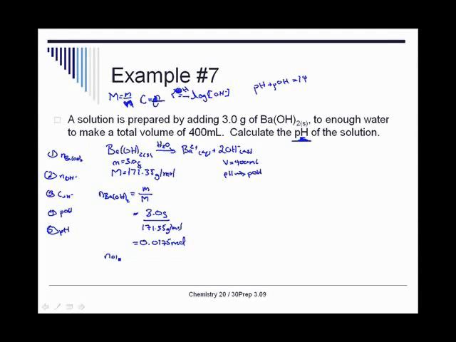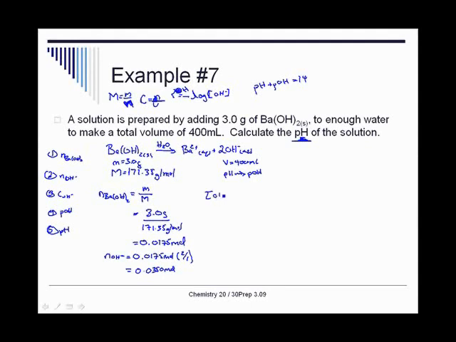Then we need the number of moles of hydroxide ions, which is going to be our 0.0175 times 2 over 1. There's 2 moles of hydroxide produced for every 1 mole of barium hydroxide used, so times 2. And we get 0.0350 moles.